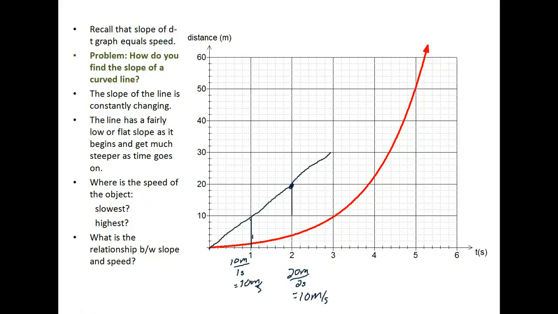But the problem is, what happens when you come up with a curved line? We can't apply the same techniques here, because the slope of the line is constantly changing. The line has a fairly low or flat slope at its beginning, and it gets steeper as time goes on.